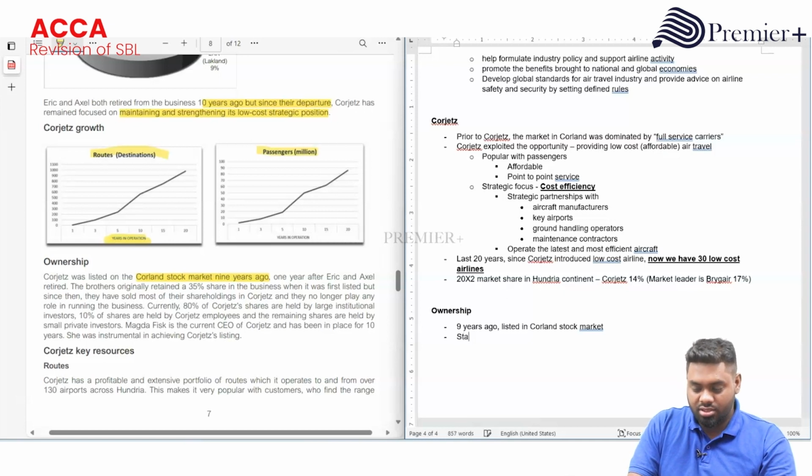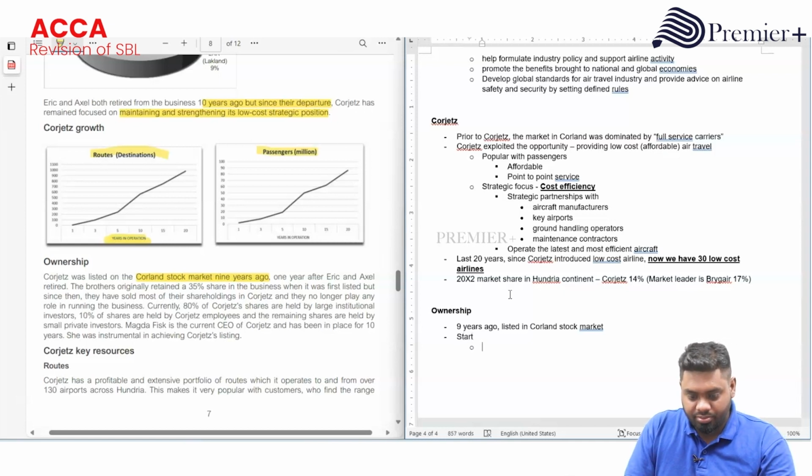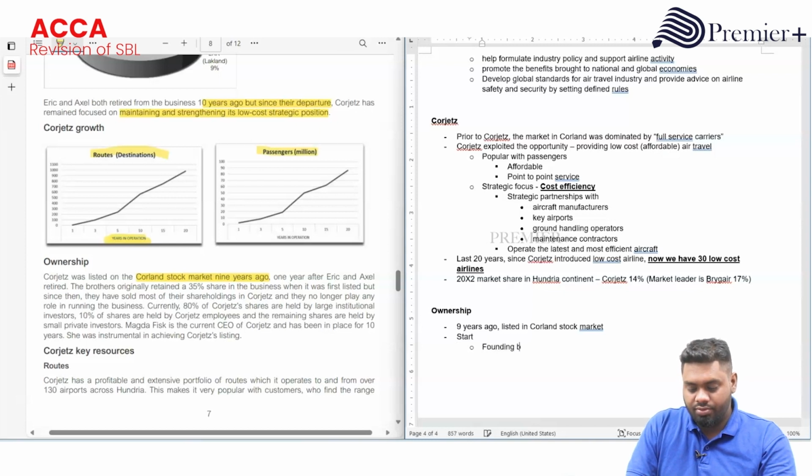At the start, the founding brothers had 35%.